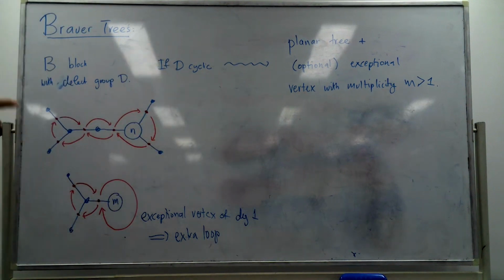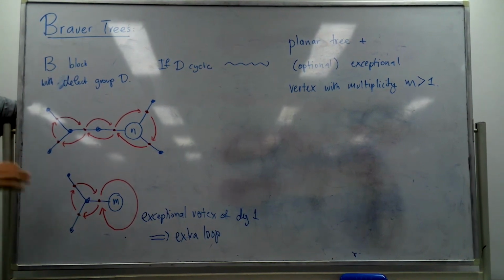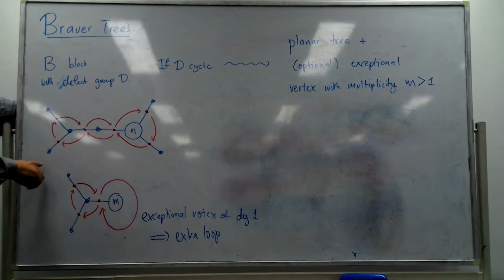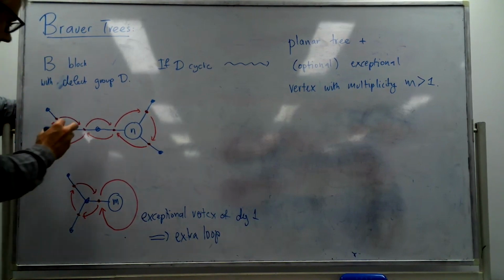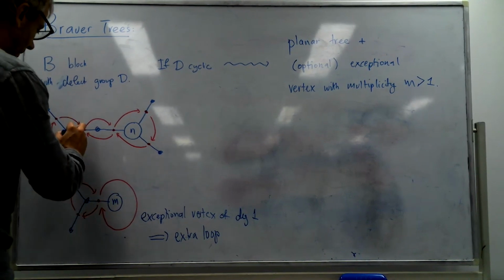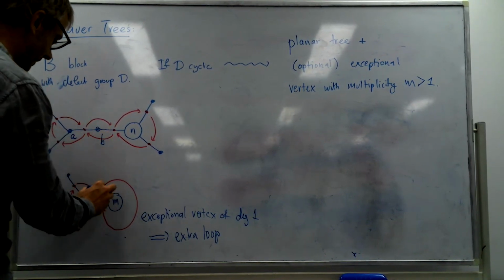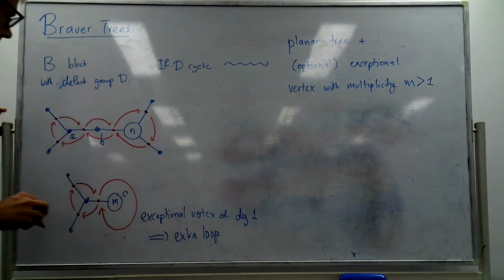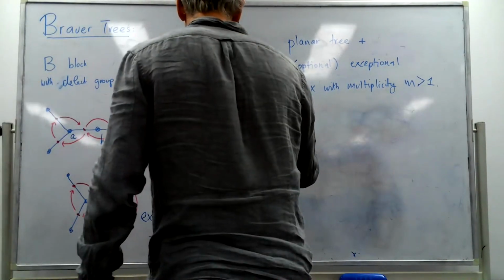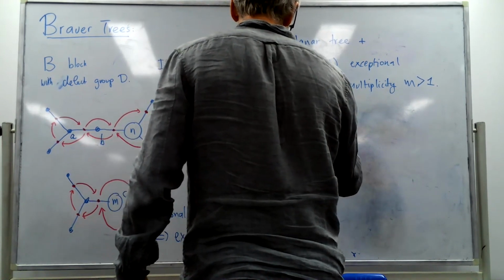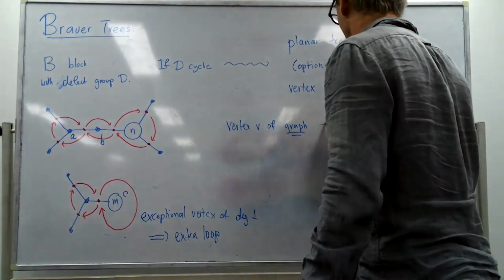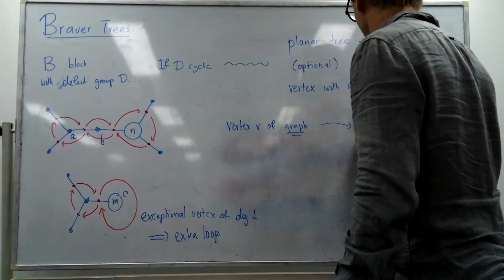It's a little bit confusing, and if you read notes on this subject, it's extremely confusing because you have the graph and then you have the quiver, and somehow vertices of the quiver are edges of the graph. But anyway, here are A, B, and C. Any vertex of the graph, not of the quiver, gives rise to the notion of a V cycle.